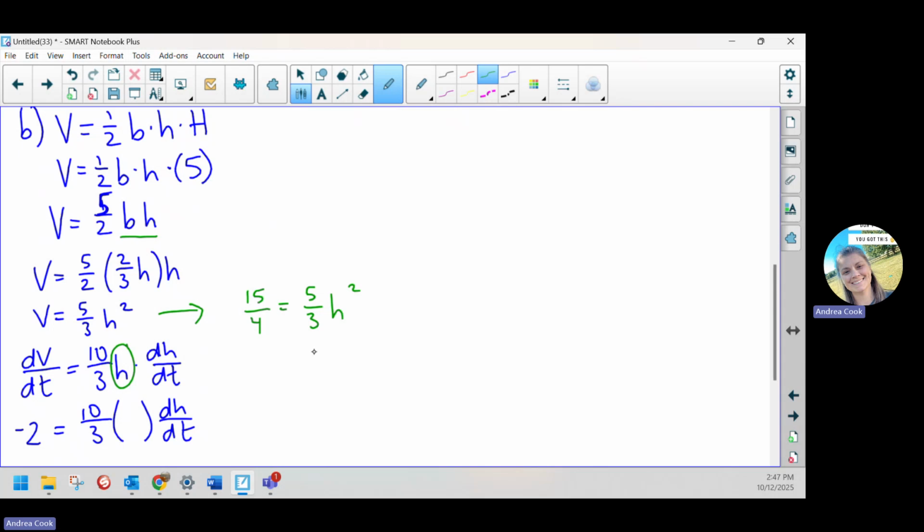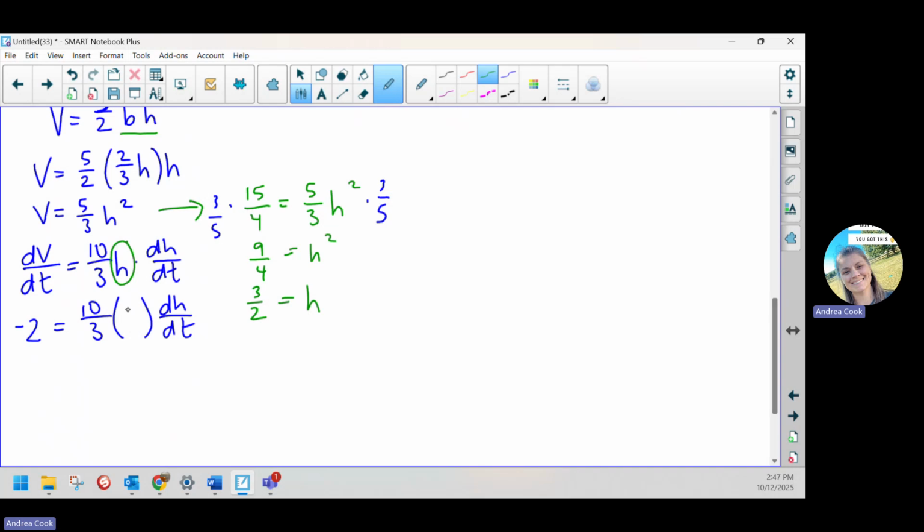So then H squared is equal to 9/4. So H would be 3/2. We don't need plus or minus because we're talking about dimensions. And so now I know that this H is 3/2.